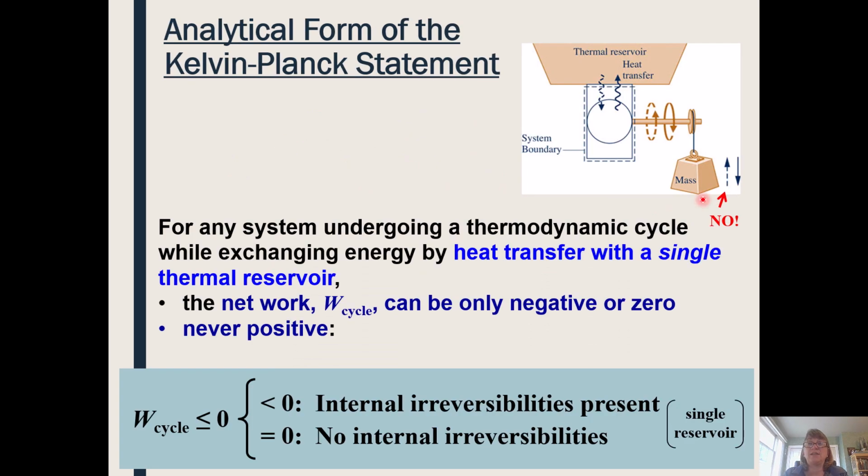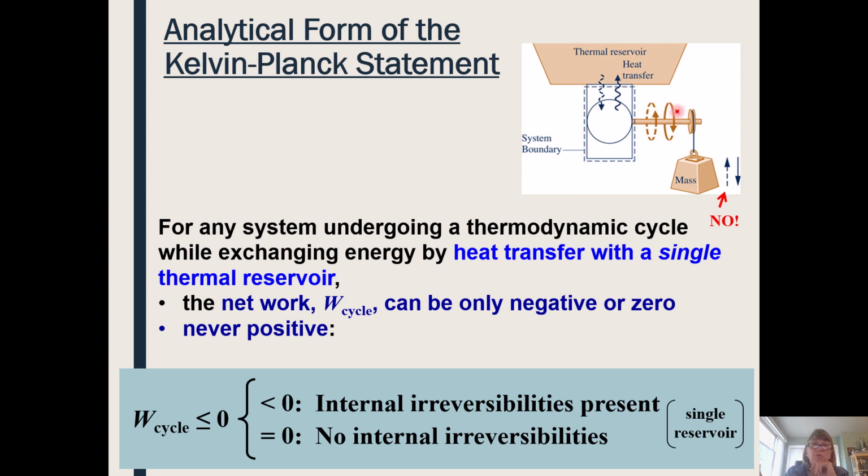So for any system undergoing a thermodynamic cycle while exchanging energy, with the transfer of heat from a single thermal reservoir, the net work can only be negative or zero. It cannot be positive, because there's no way to bring that mass up without applying some work or having another source.